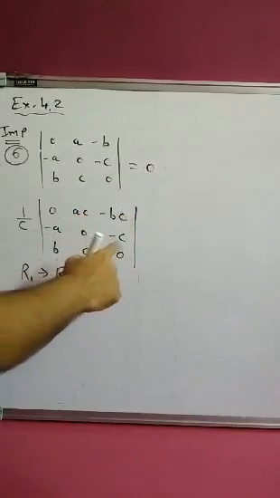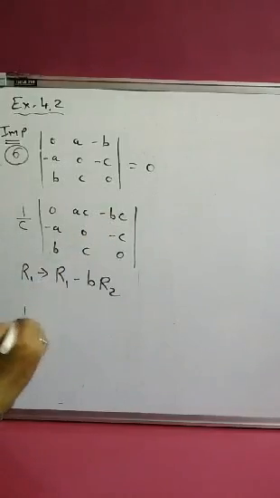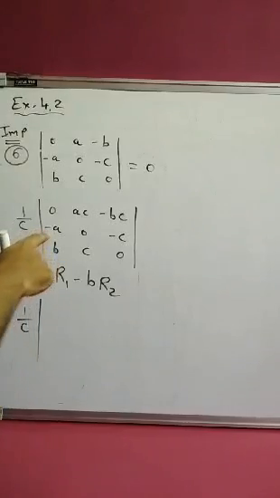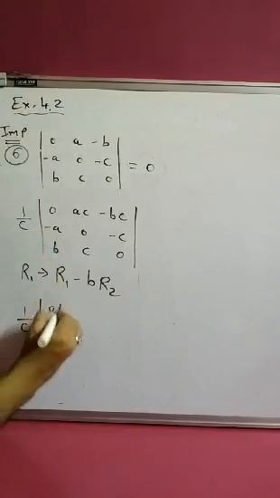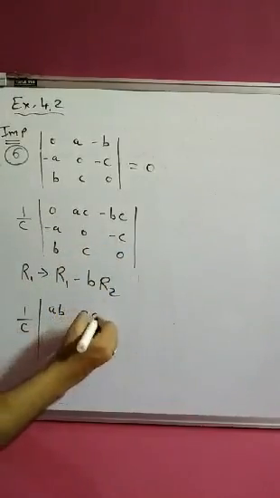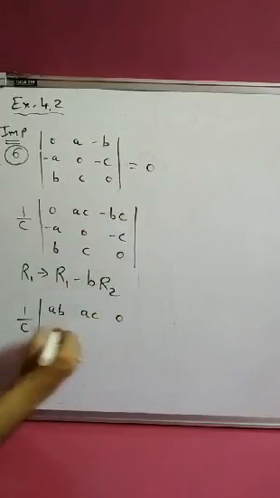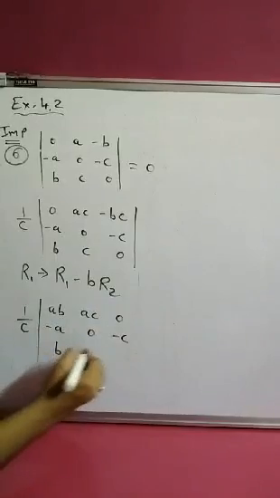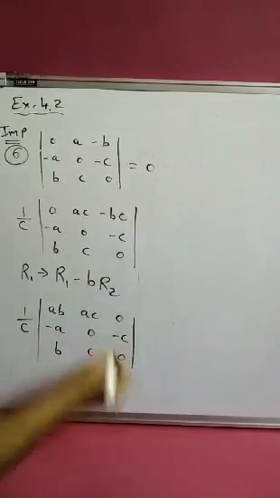Minus minus is plus, B into C. So here 1 by CA. Here 0 minus of A into B, so plus AB, AC, and minus BC plus BC is 0. I hope you understood this step, because it is a very important step and this sum is also very important.